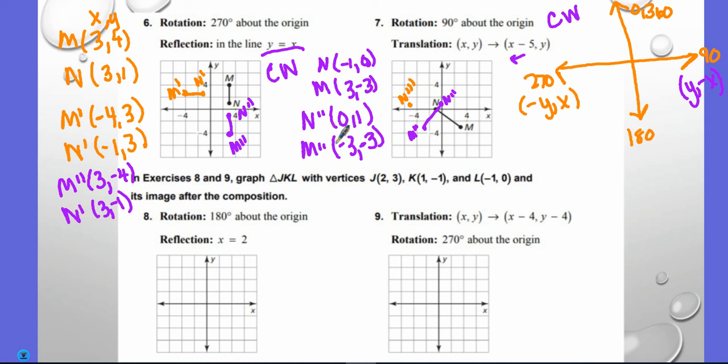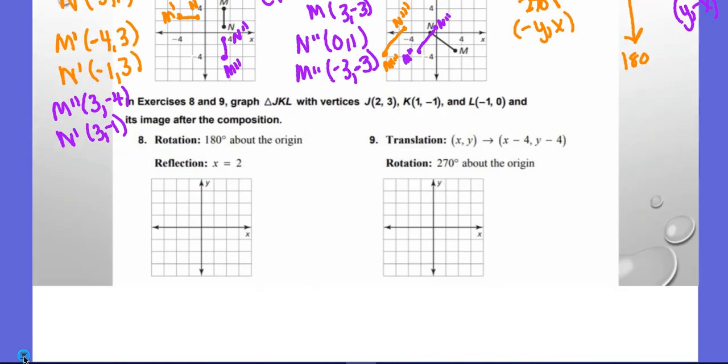I'm going to call it triple prime. I know I missed it, but I'm going to call it triple prime so I'll know what's going on. M, I'm right here, so 1, 2, 3, 4, and then 5, and that's M triple prime. And we're finished. Alright.